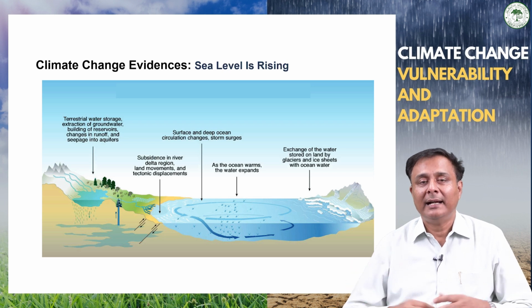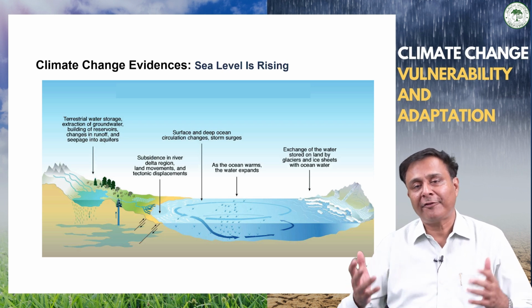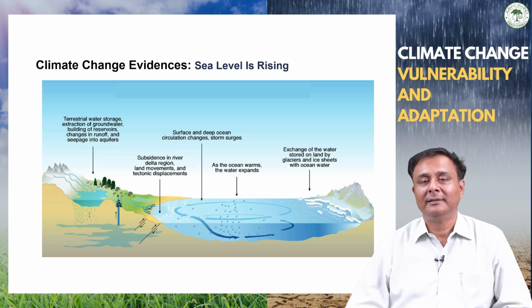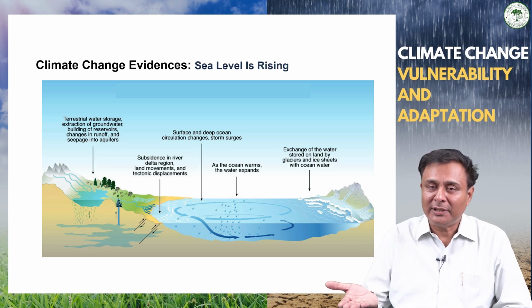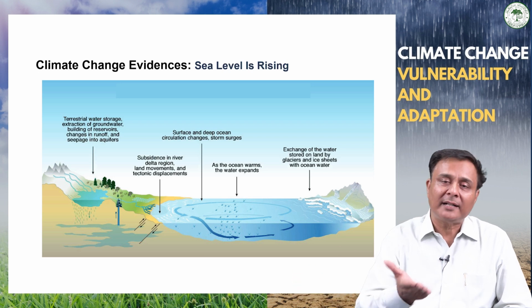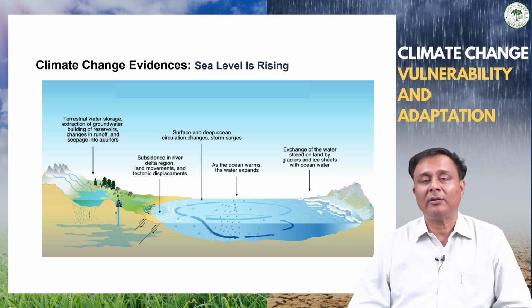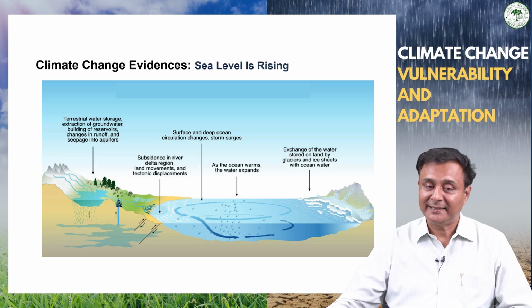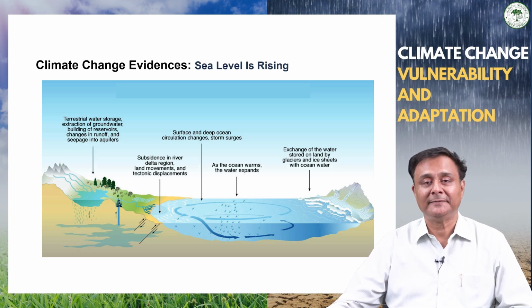The humans have built a lot of infrastructure, and it all gets destroyed. So sea level rise is not only the rise in the level of the ocean, but also its impact on the coastal locations. They are also part of this climate change phenomena. So again I would say it's very complex, but they are all interrelated.